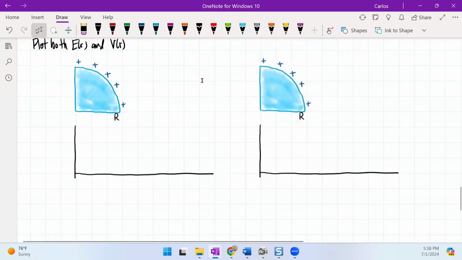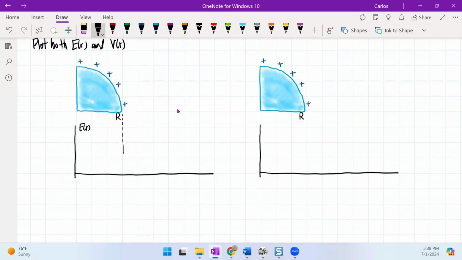So the big difference here is that we have an electric field as a function of r. And I thought I had gotten this to 3 squares. So I'm going to pretend that this is right here at 3 squares. And then this guy is also going to be at 3 squares right here. But here, I am plotting the potential V of r.